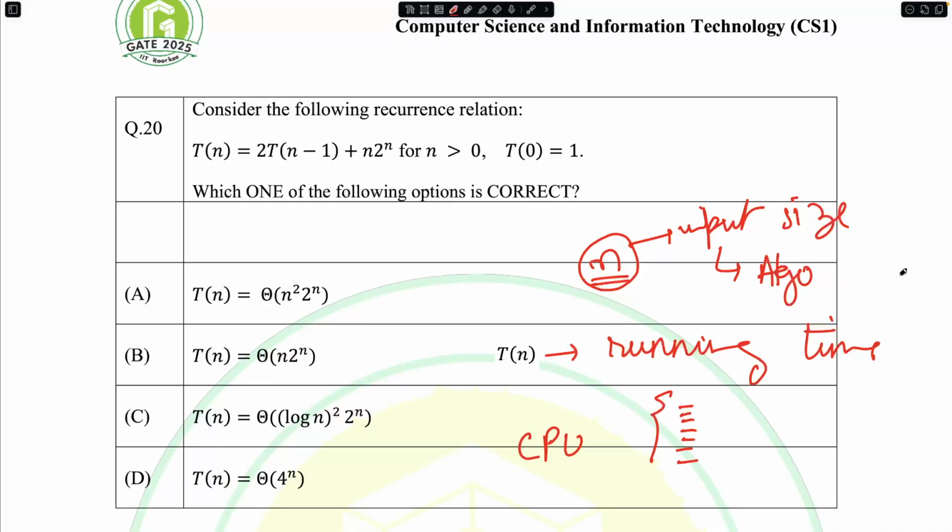Let's take a different symbol for the time, tau. Tau is proportional to your Tn, and Tn represents the total number of instructions. We call this running time.